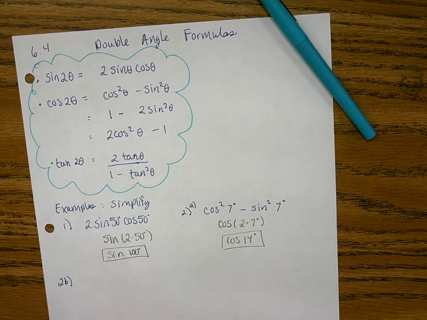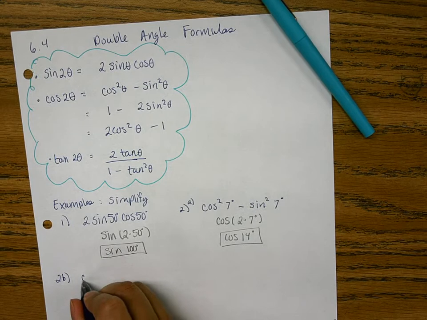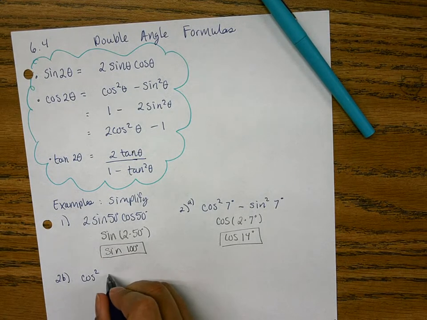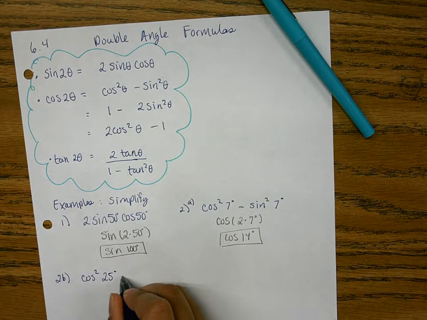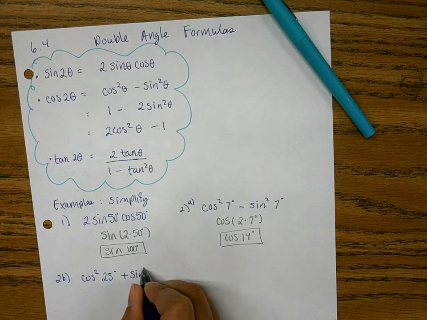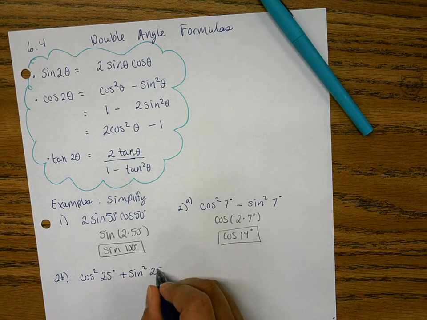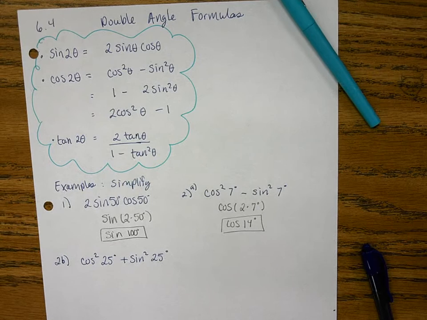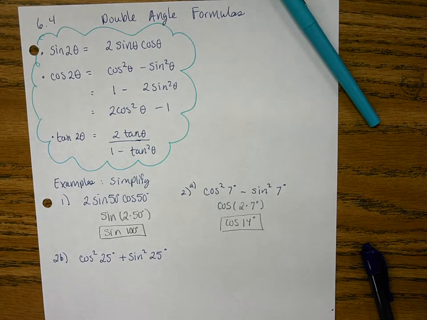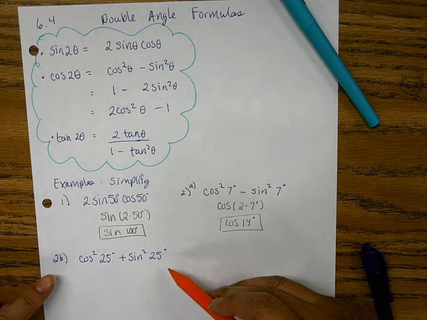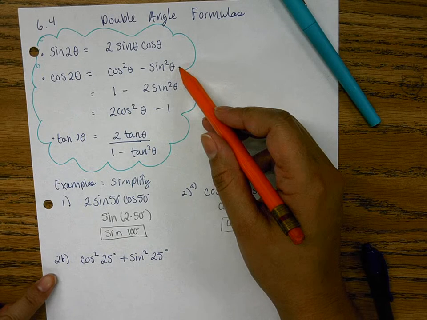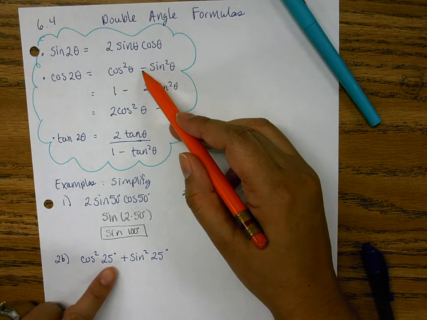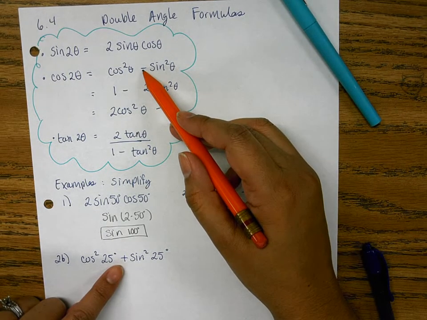Okay, 2b. Cosine squared 25 degrees plus sine squared 25 degrees. Okay, where kids mess up on this one on the test is they try to force this one to look like this, but can you see that this one is minus and this one is plus?